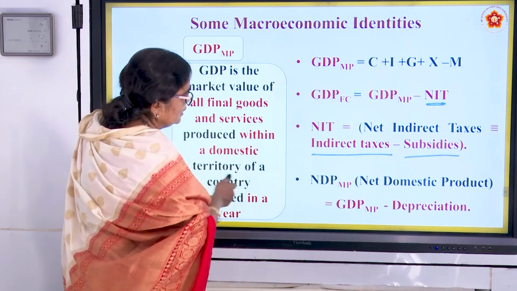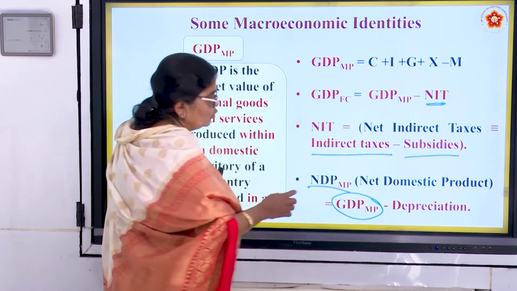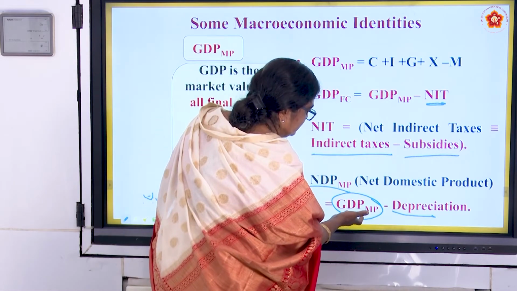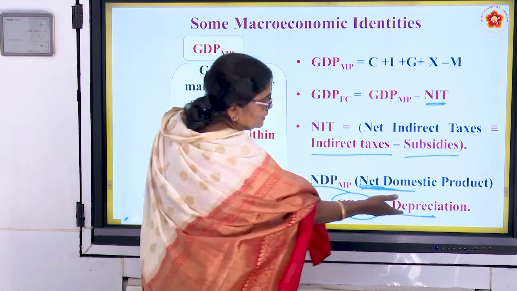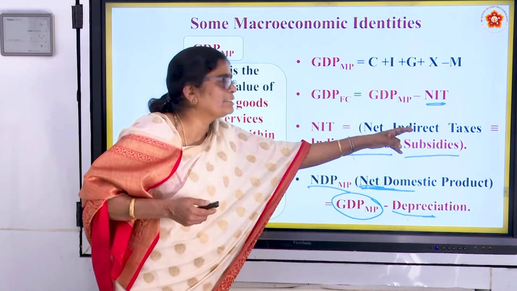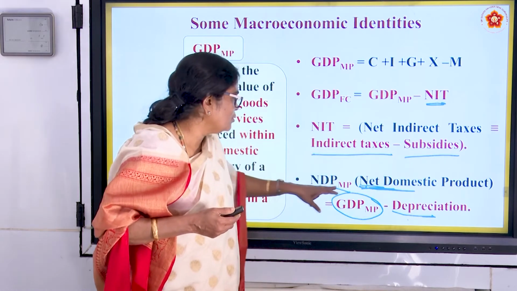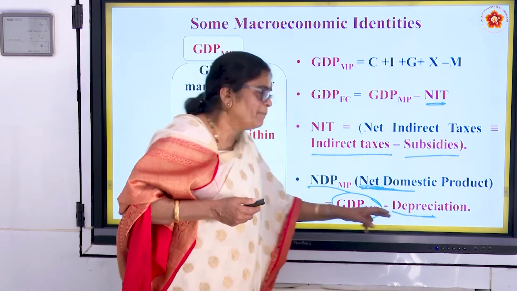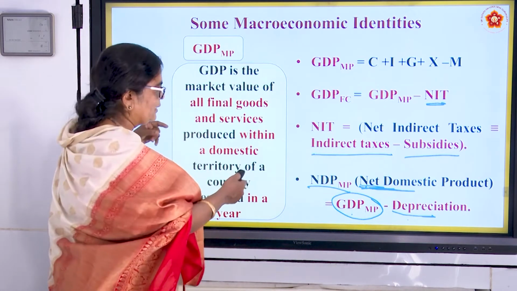Net means you are deducting something. Here, net indirect taxes means from indirect taxes you are deducting subsidies. Here, net domestic product means from GDP at market price you are deducting depreciation. All these macroeconomic variables you have to define for this answer, macroeconomic identities. I hope you understood.